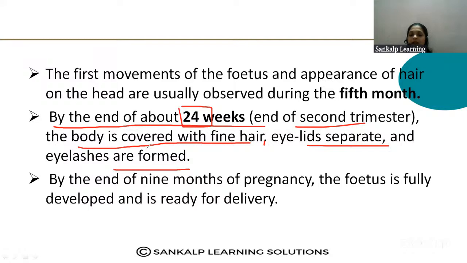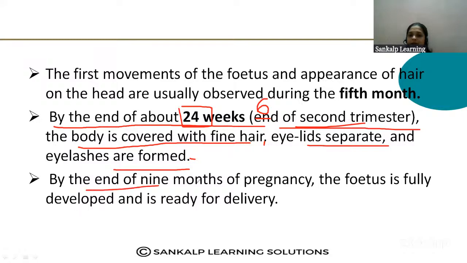The body is covered with fine hair, eyelids are separate and eyelashes are formed at the end of which month of pregnancy? That is 24 weeks, at the end of the second trimester. So 24 weeks means 12 months? No, that is wrong. That is 6 months. They can give 24 weeks or 6 months.